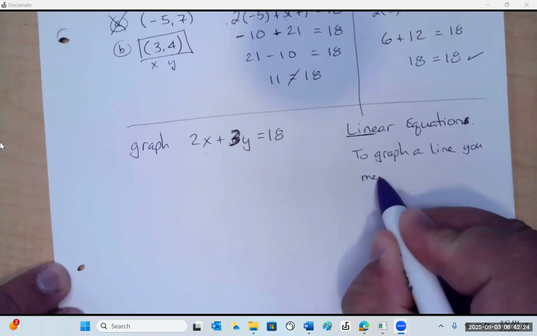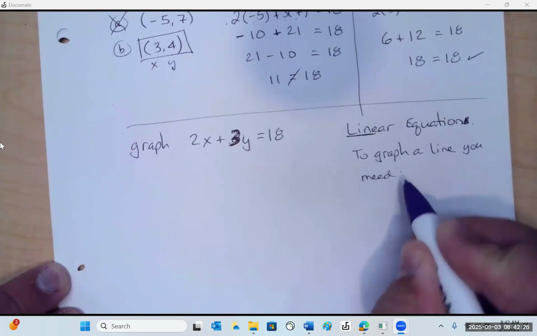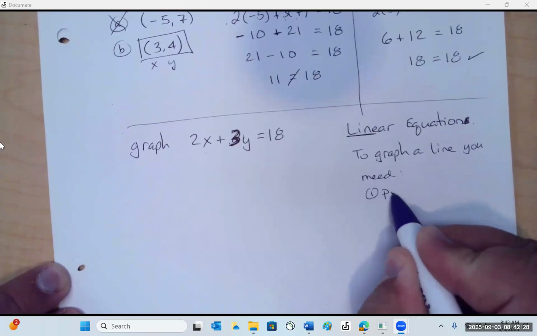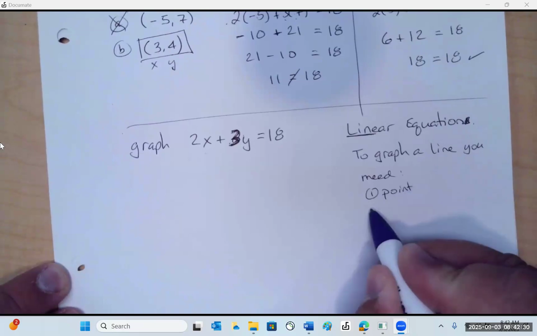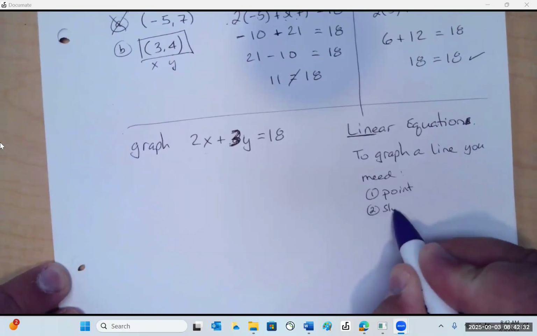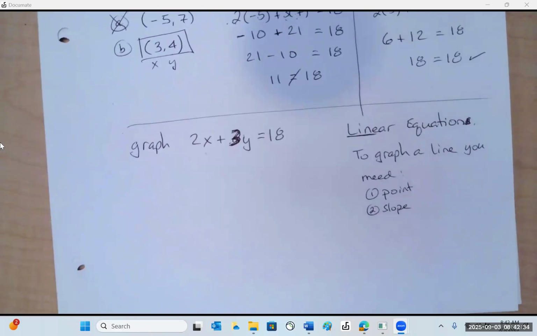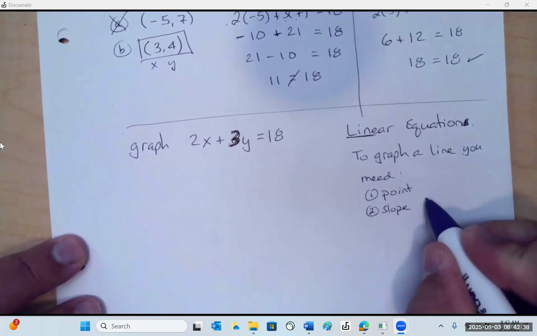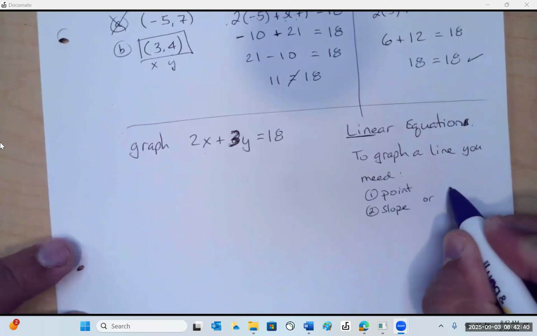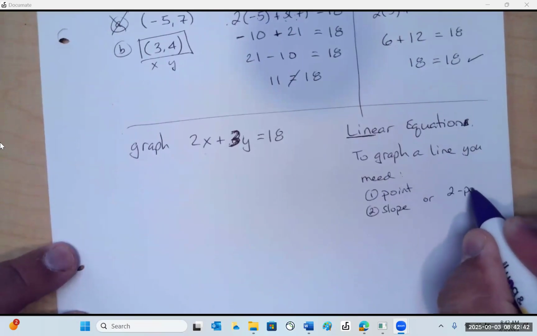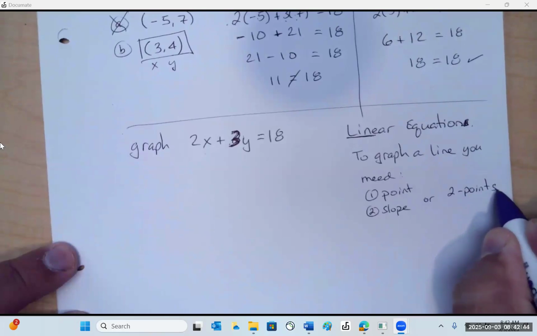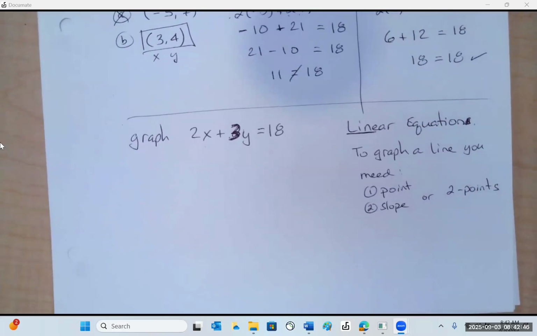To graph a line, you need a point and you need the slope. Or you need 2 points. Either one of these two conditions will work to draw a graph of a linear equation.